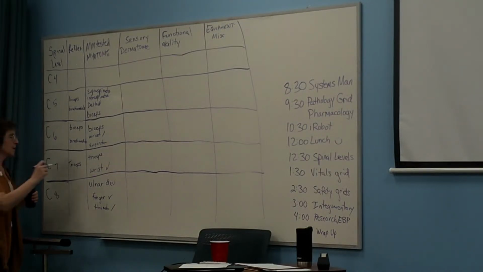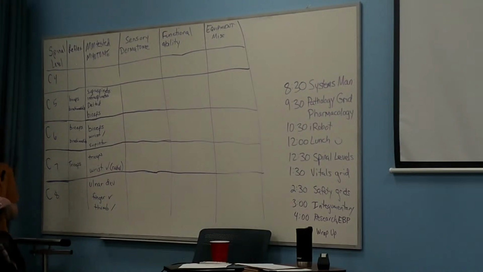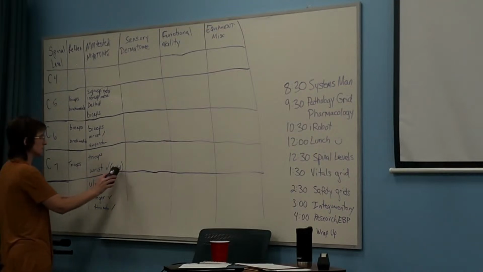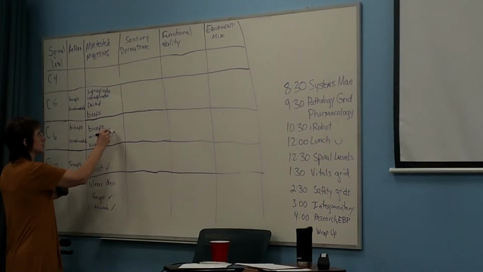Radial nerve. I never put this on the chart, but I'm just going to put radial nerve here, just so you remember that wrist extensors is radial nerve. Wrist flexors, you mean? I did put it there, didn't I? It is, hold on, this is in the wrong spot. My bad. I meant to put this right here. Thank you for catching that.